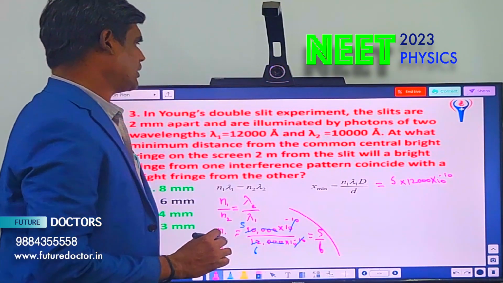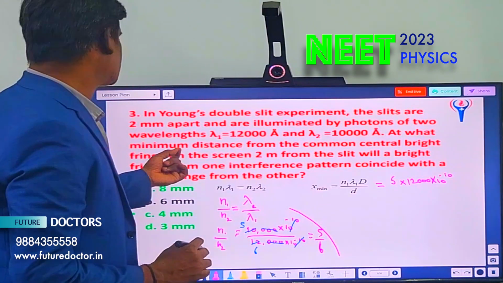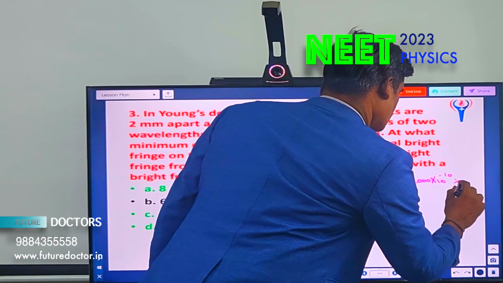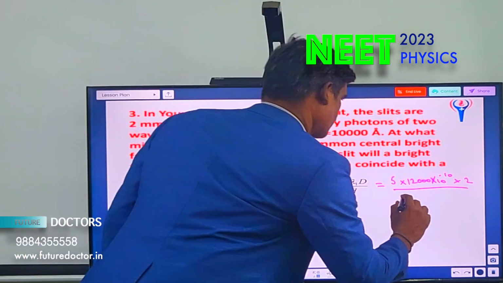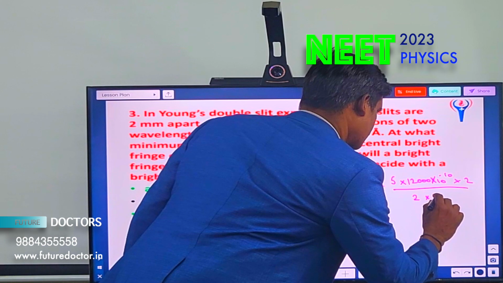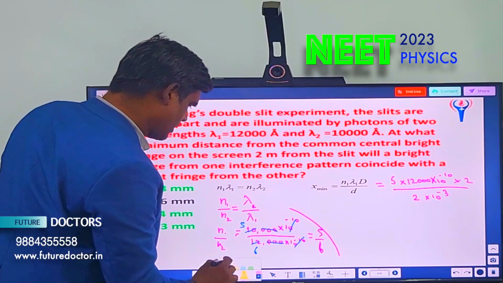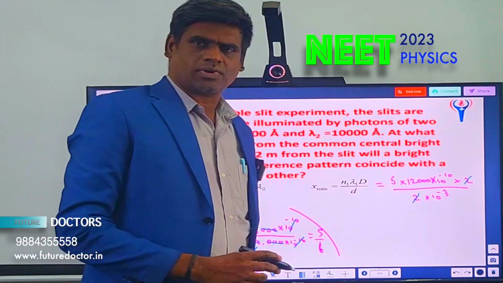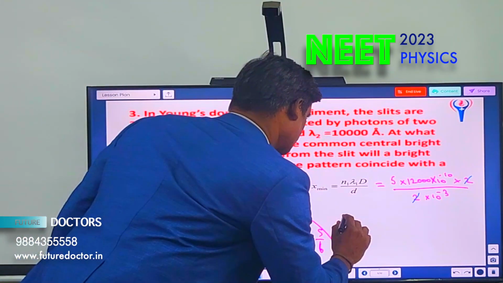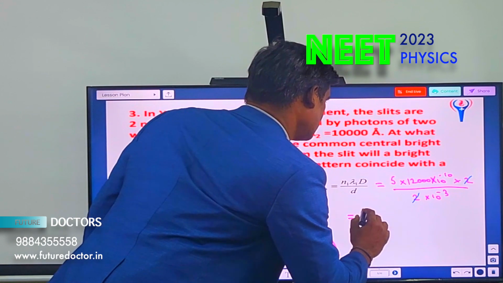And D is 2 meter, divided by small d, which is 2 millimeter, that is 2 into 10 power minus 3. Then 2 gets cancelled, and 10 power minus 3 comes up as 10 power plus 3. Then x minimum equal to 5 into 12, 60.